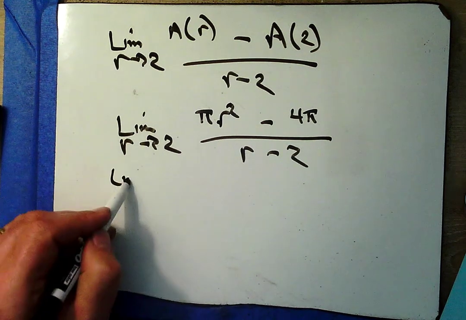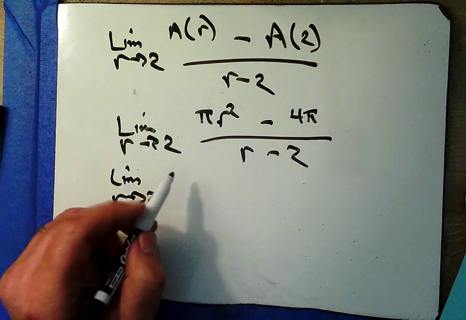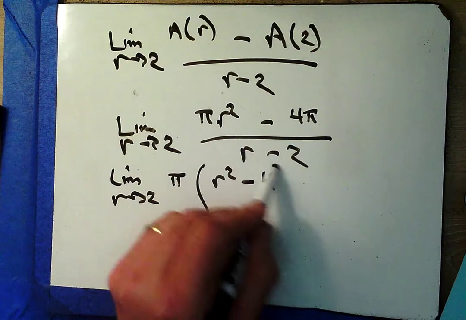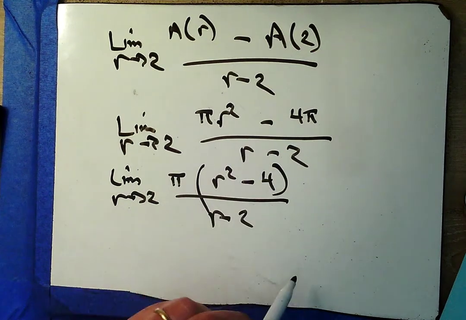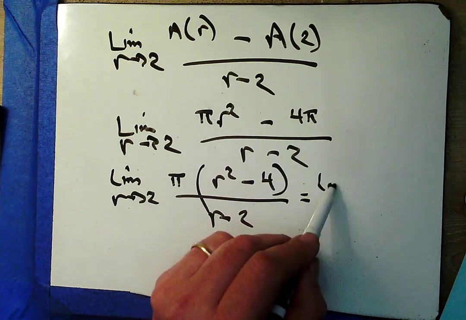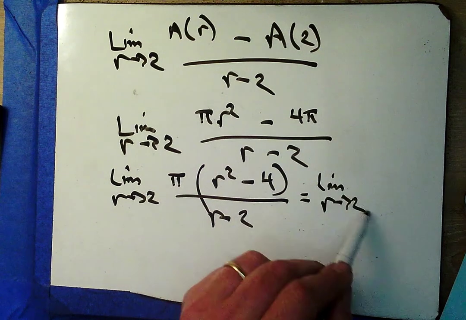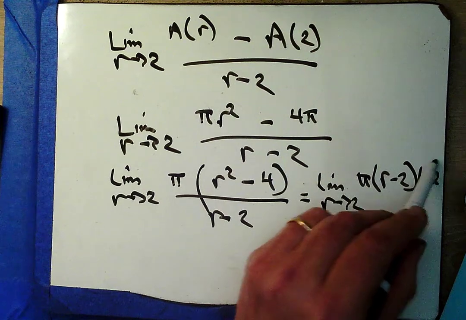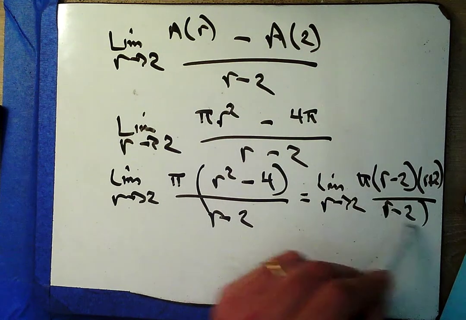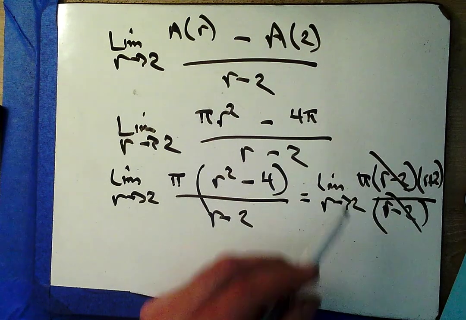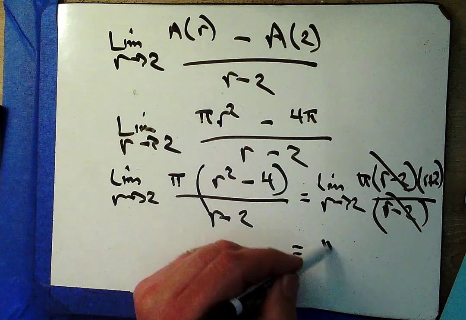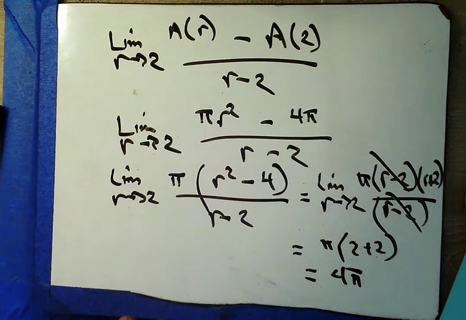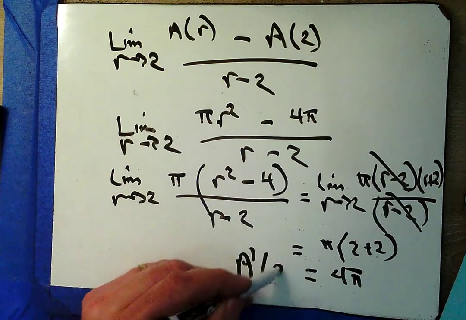Okay, so then that's the limit as r approaches 2 of pi times r squared minus 4 over r minus 2. Oh, well, that's not so bad, because that's the limit as r approaches 2 of pi times r minus 2, r plus 2, over r minus 2. These cancel. Now I can do direct substitution. I get pi times 2 plus 2, or 4 pi. And that's going to be a prime of 2.